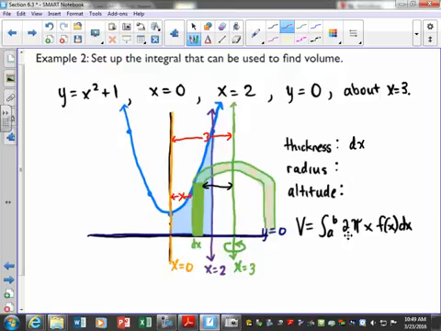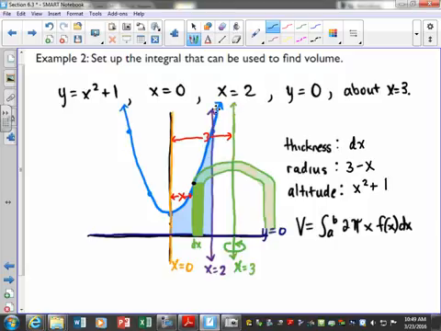So our radius is just going to be this black portion, which we'll say is 3 minus x. Next, the altitude would be the height of this rectangle, which is where it touches the function, represented by x squared plus 1.